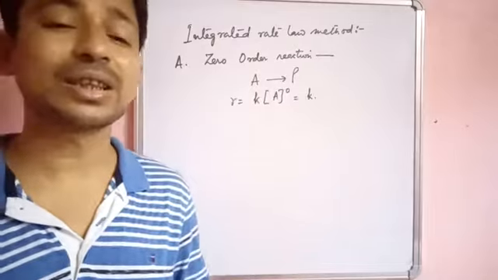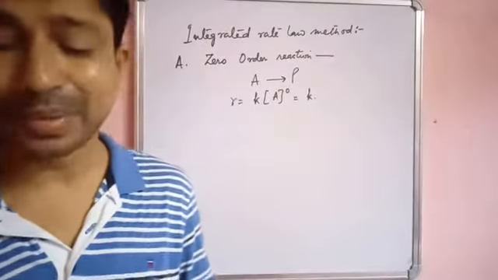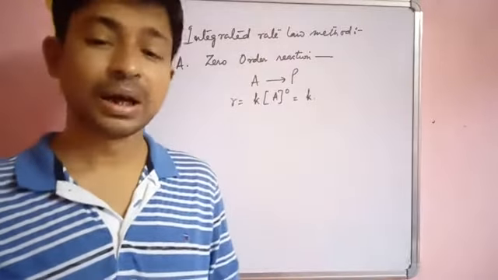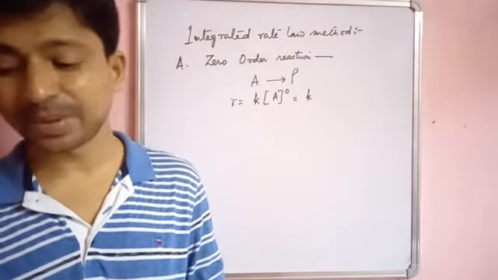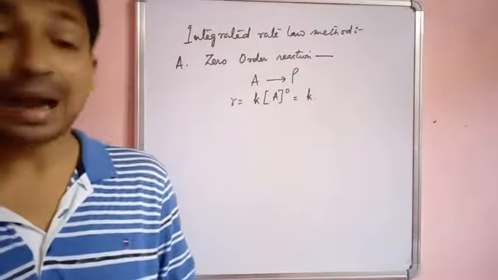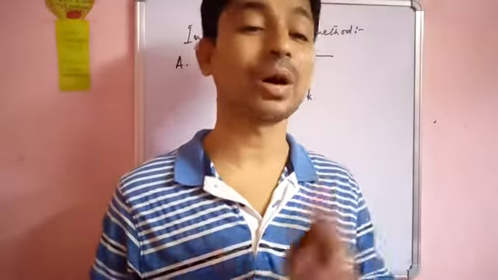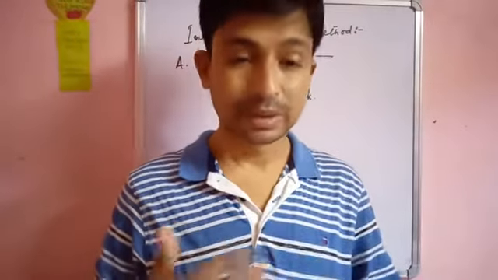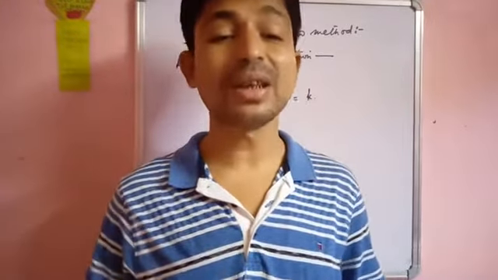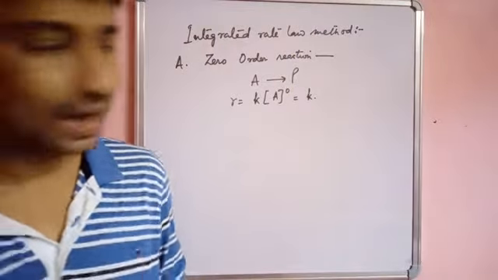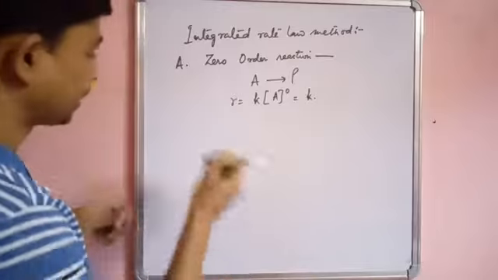Some enzyme catalyzed reactions are also zero order reactions, meaning reactions occurring by enzyme catalysis are examples of zero order reaction. So let's see some examples of zero order reaction.